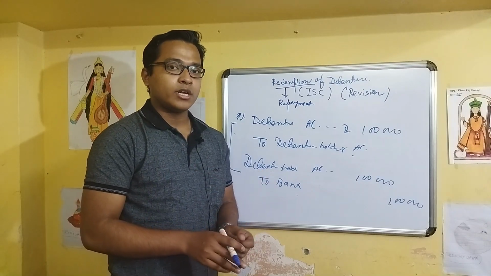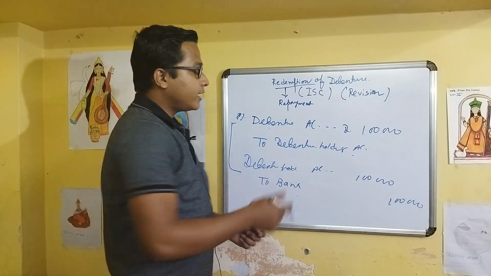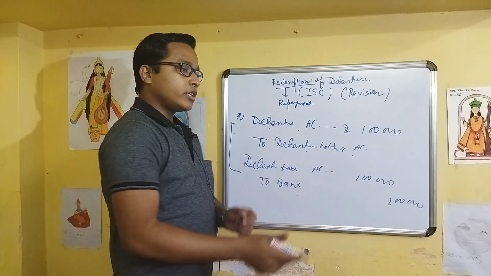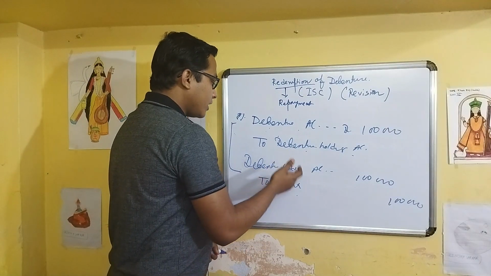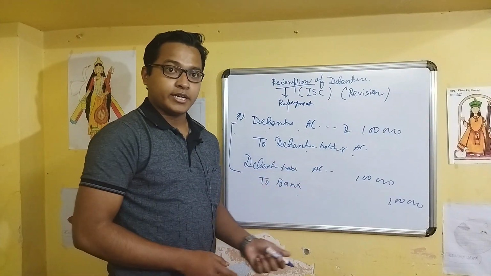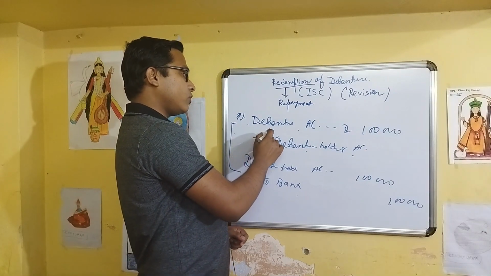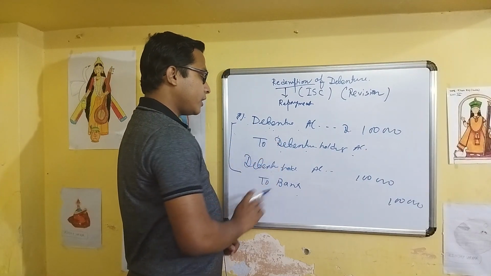Some debenture holders may not be traceable on the same day, so we first credit the debenture holders, then according to traceability the debenture holder is debited and then bank is credited. So in our case we simply make two journal entries: debenture account debit to debenture holders, and debenture holders to bank.